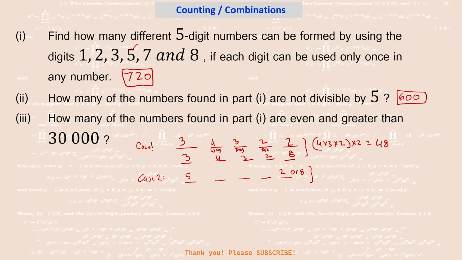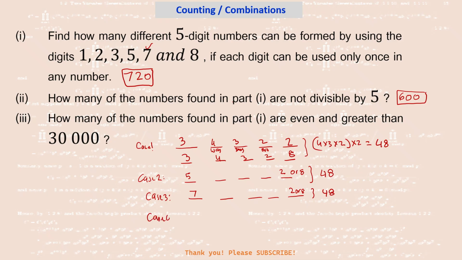So once again it would be 48, the total number of numbers possible starting with 5 and ending with a 2 or 8, so that's 48. And then if I had a case 3, again I will put in 5 places and then it was 7, and once again ending in a 2 or an 8, there would be 48 possibilities.